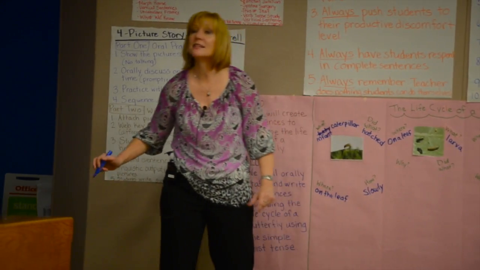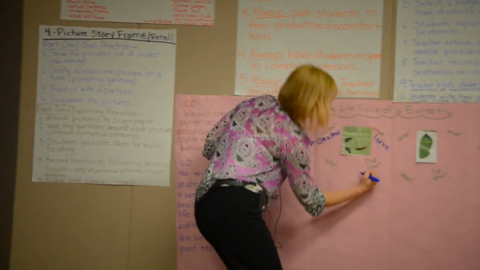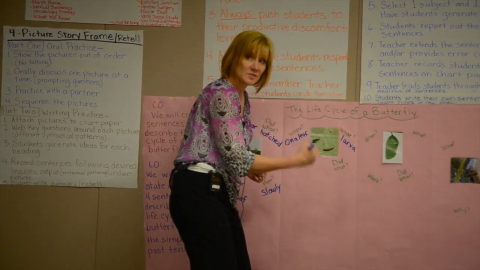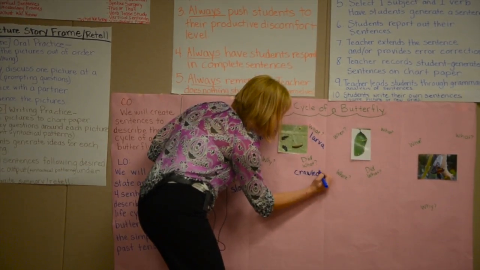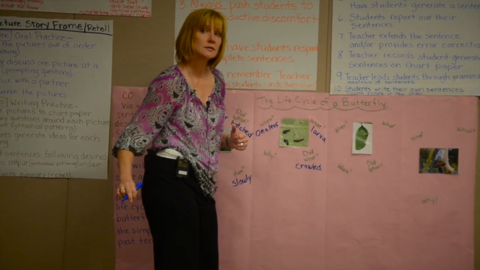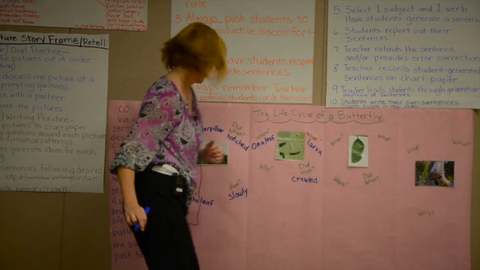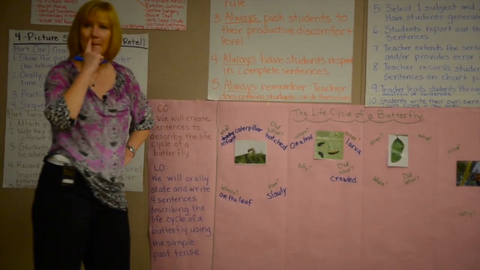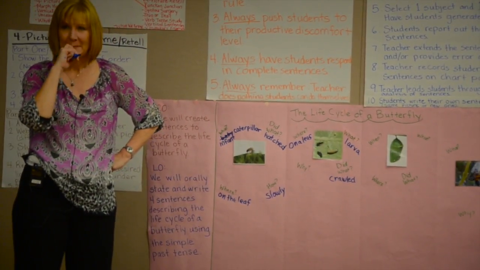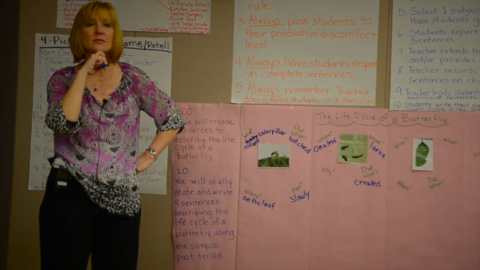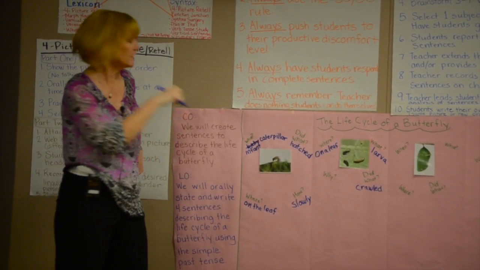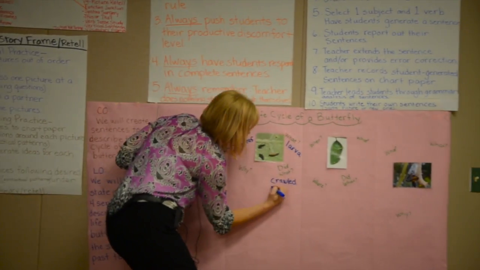So we're using the past tense. Crawled. Do you want to say crawled around? Just to add some more. Crawled. How did it crawl, Liz? We've used slowly. Can someone help Liz with an adverb? Awkwardly, okay. Crawled around.